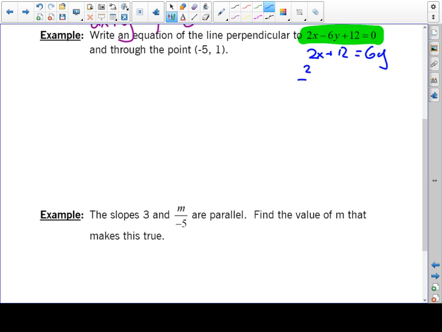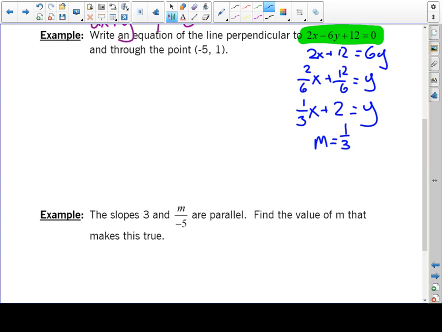So it's 2 over 6x plus 12 over 6 equals y. 1/3 x plus 2 equals y. So my $1 million question to you is, what's the slope of the line? It's 1 over 3. Yep. The slope is 1 over 3.